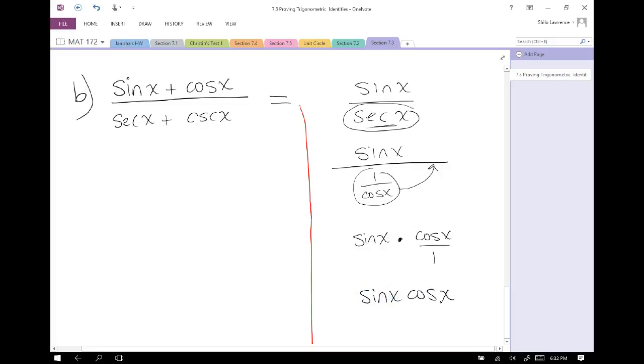I like that a little bit better. I prefer to multiply than to divide if I have that option. So sine divided by secant is exactly the same as sine times cosine. So my goal here is to get this side to say sine times cosine.